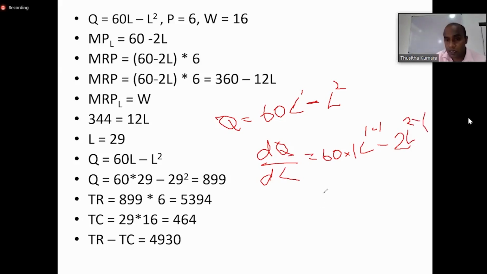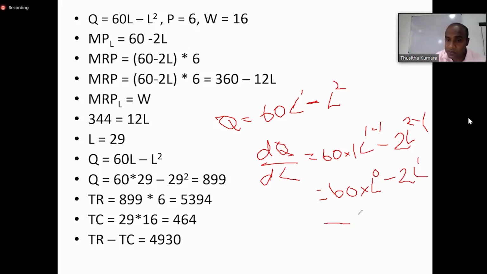So the remaining will be 60 multiplied by 1 multiplied by L power 1 minus 1, L power 0, minus 2L power 1. And then we don't write the 0 or 1 because L power 0 is equal to 1.